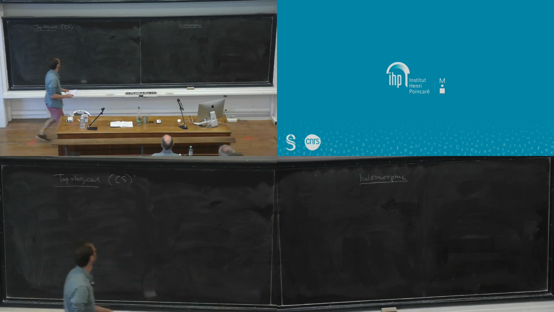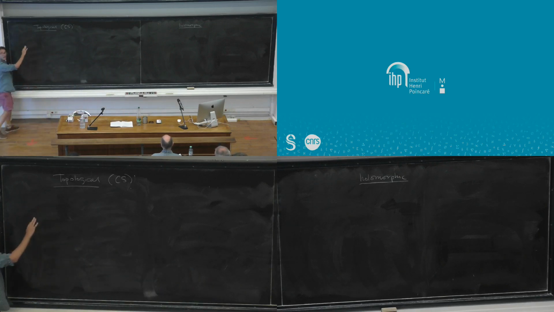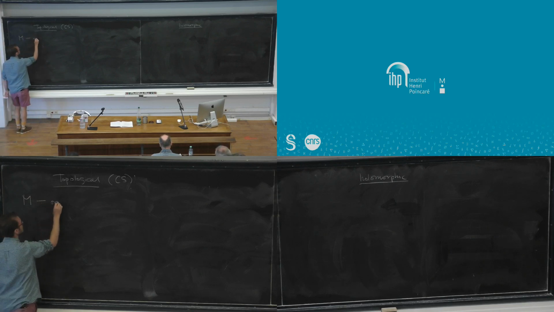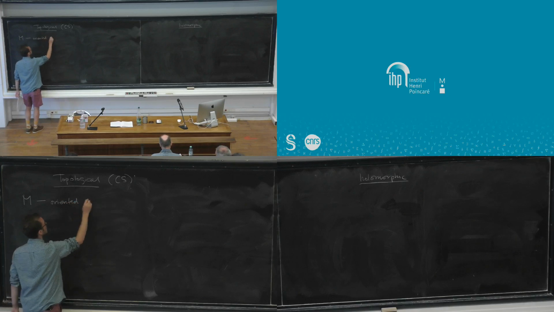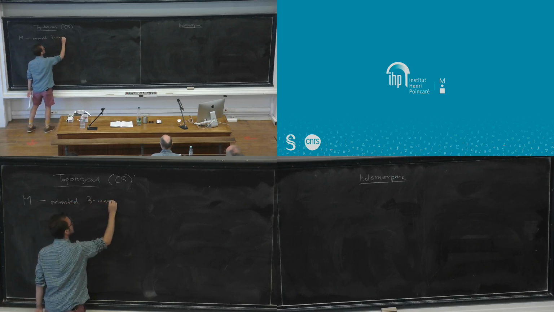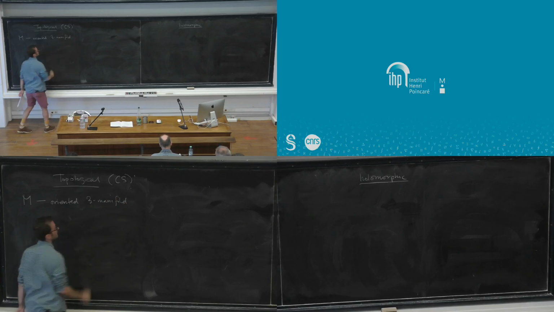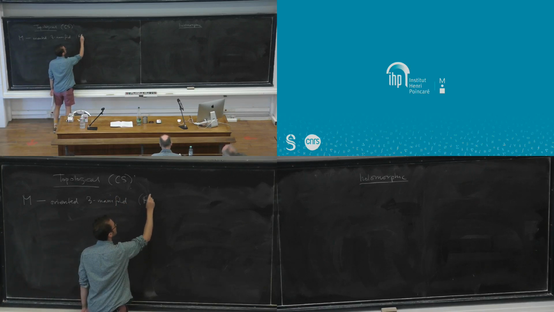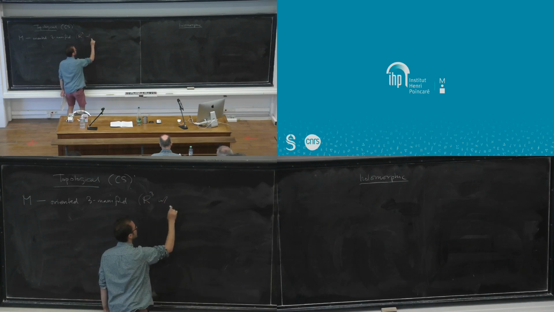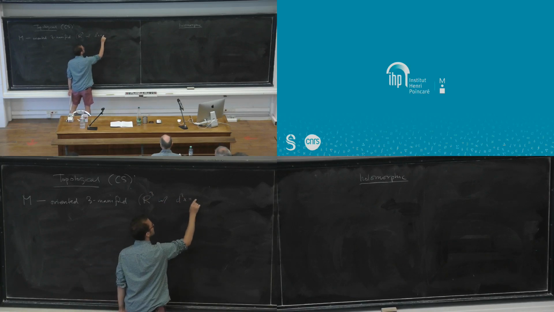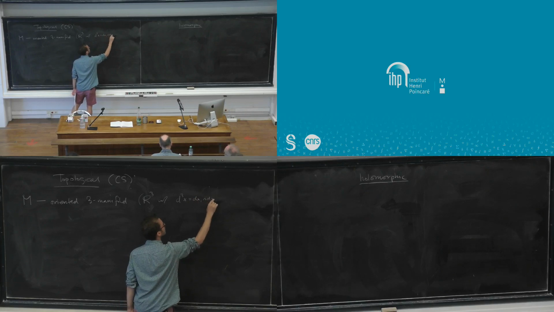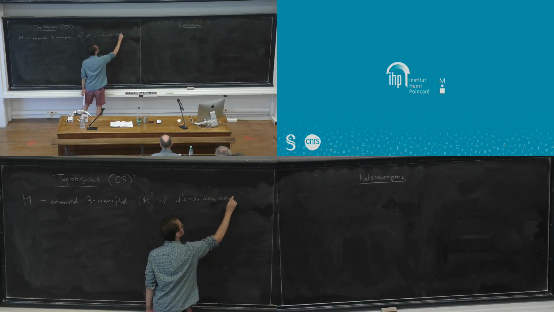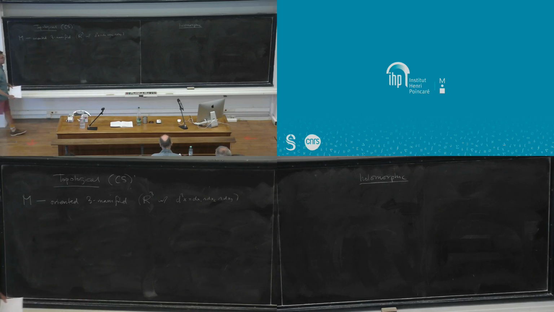So the data to talk about Chern-Simons theory, you need an oriented, smooth, 3-manifold. Sort of our favorite one might be R3 with the orientation given by the usual volume form. Okay. You need to pick a compact Lie group.